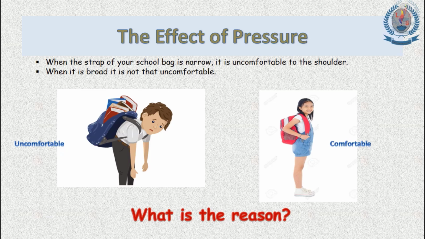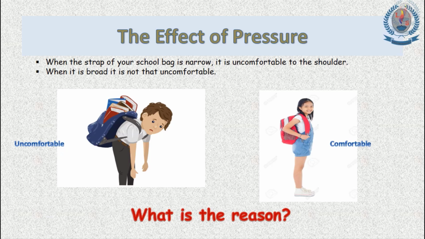Whether the strap is narrow or broad, the force exerted by the weight of the school bag is the same, right? But when the strap of the bag is narrow, the contact area is less, and when it is broad, that area is more. So now it is very clear, my kids, when we have two school bags of equal weight, the force acting on the shoulders remains the same.